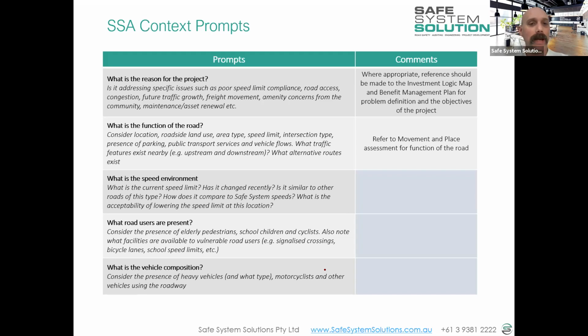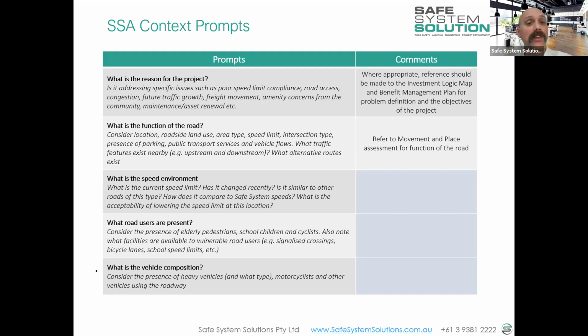What is happening, or why is this happening, or what is this area that we're looking at? You'll see questions like, what is the reason for the project? What's the function of the road? What's the speed environment? What road users are present? What is the vehicle composition? And lots of sub questions under that.